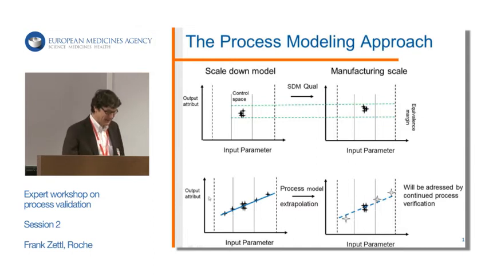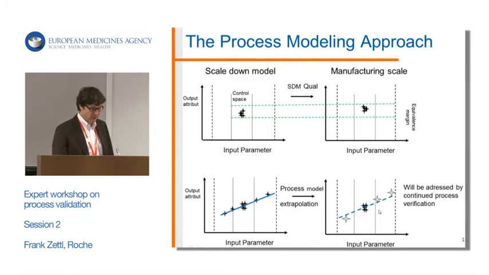So the next step is then setting up the process models, where we explore a larger range, and we do this extrapolation from the control space to the borders of the design space here, and this is something we cannot do on purpose at scale. That's something we can cover with continued process verification somehow. But there are limitations. Next slide.